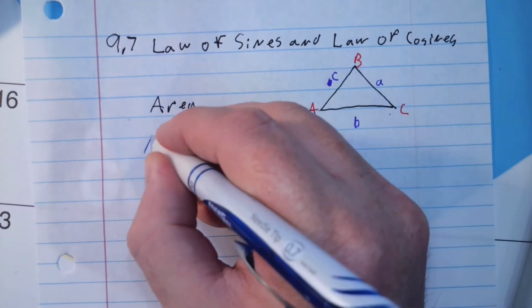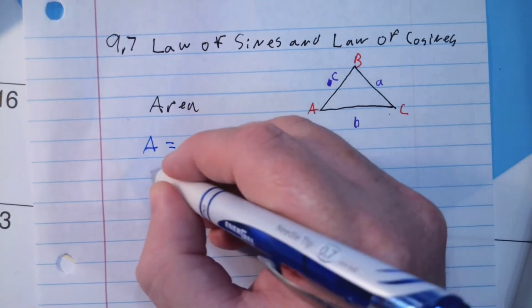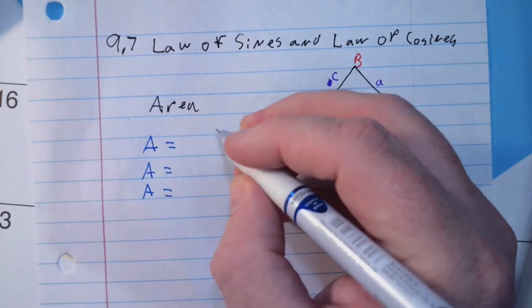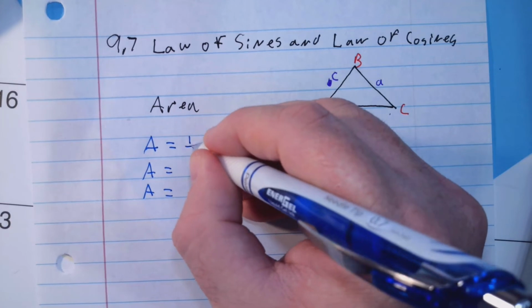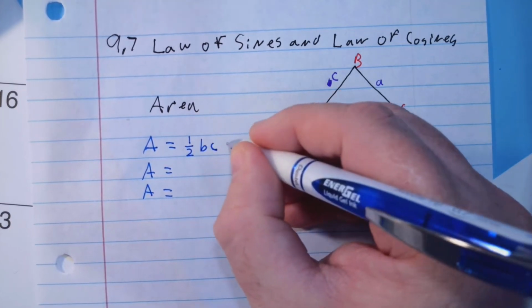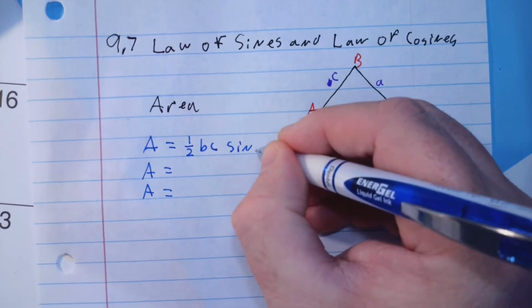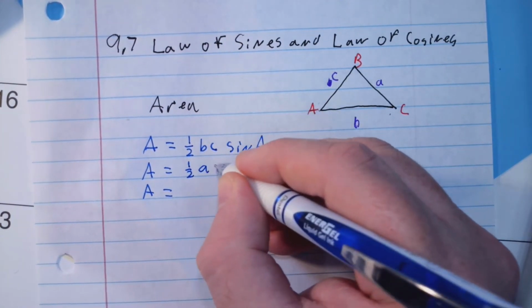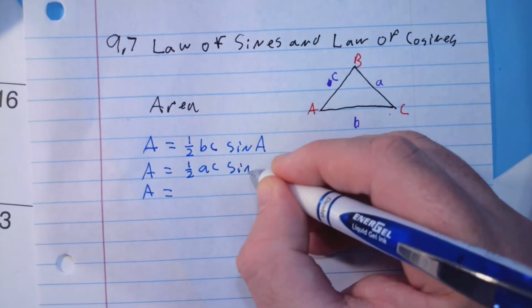So the area, and these are the three formulas, depends on which angle. And I bet you can figure out which angle matters. So this is going to be 1/2 b times c sine A. This one's going to be 1/2 a times c sine, what letter's missing?